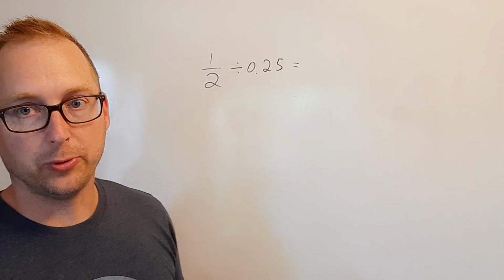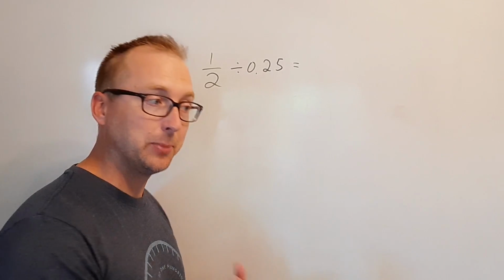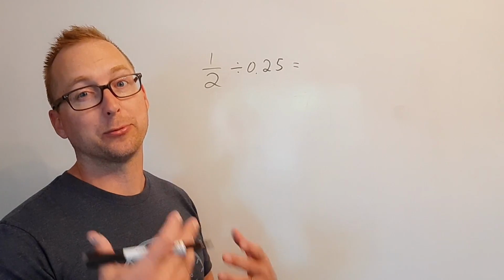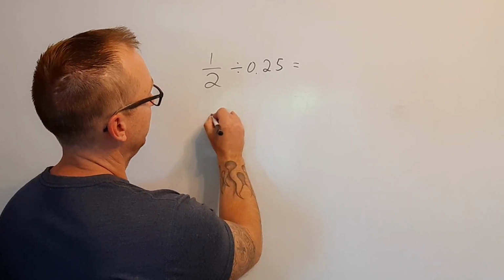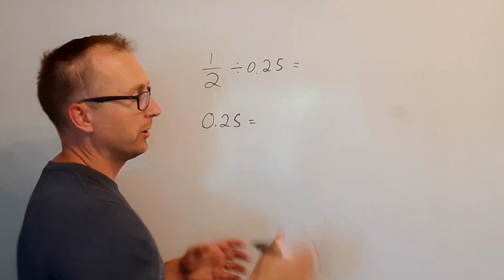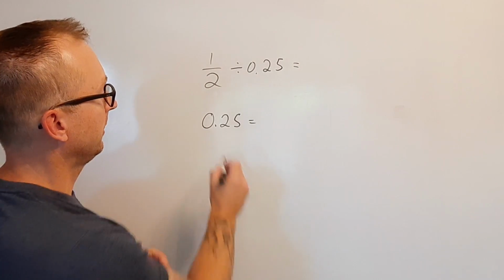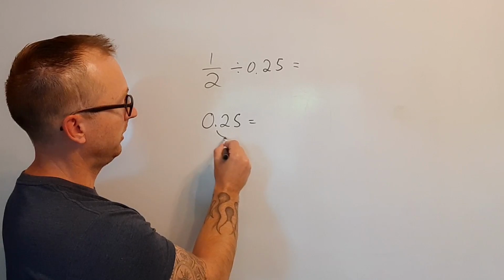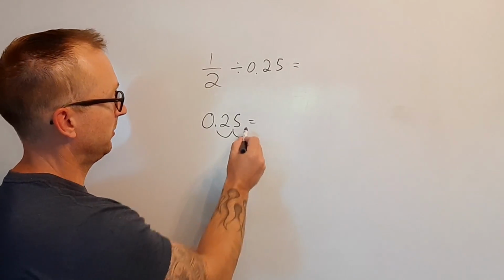So we got a 0.25. So we know that every decimal is able to be displayed as some type of fraction. So what we're going to do is let's take the 0.25. So how can we get that to a fraction? Well, we know that this decimal place is your tenths, and this decimal place is your hundredths.